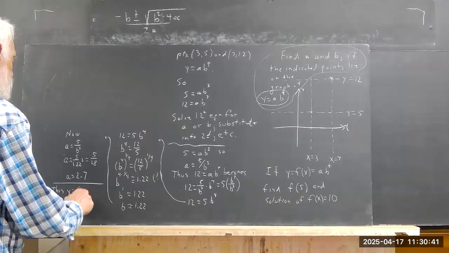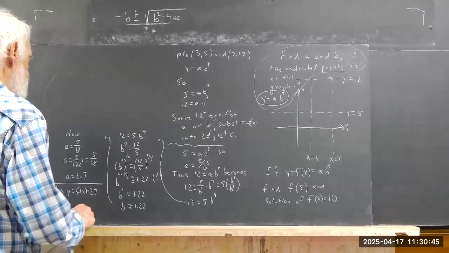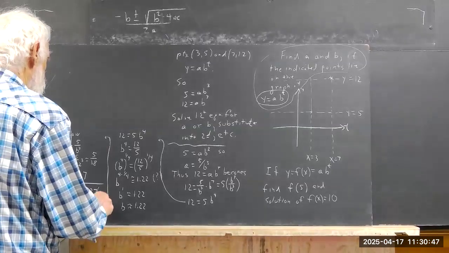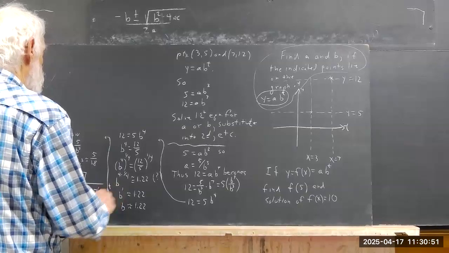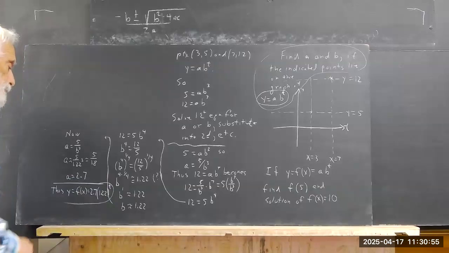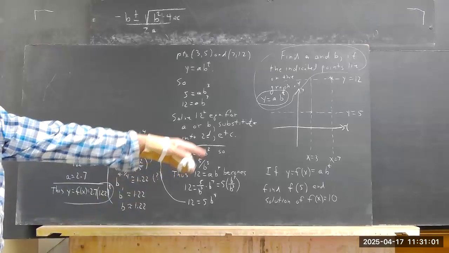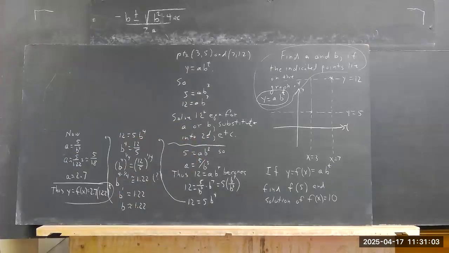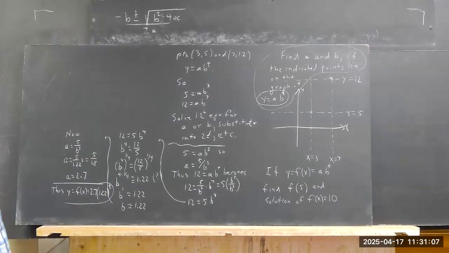So y equals f of x equals 2.7 times 1.22 raised to the t. I think that should be legible. And now we have our function and we can find f of 5 and we can solve f of x equals 10.